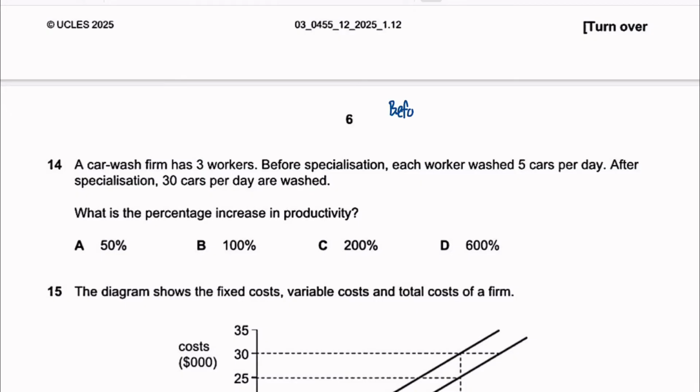Before specialization, 5 cars per worker and you have 3 workers, so 5 times 3, you get 15. And after specialization, they produce 3 cars per day. So you just use your new output minus your old output divided by your old output, then you will get 100% increase of productivity.